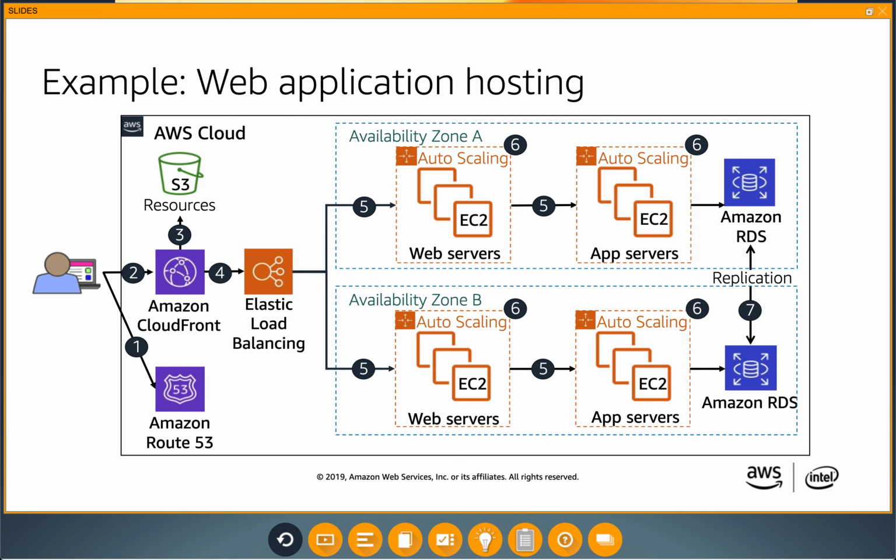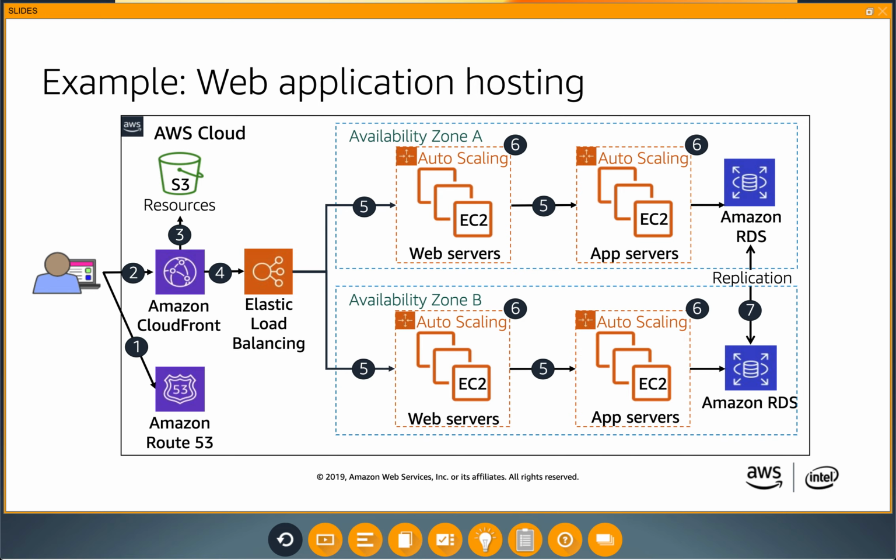Number 6. The EC2 instances are deployed in an EC2 auto-scaling group, which can intelligently scale out, add more EC2 instances, or scale in, remove EC2 instances, based on load coming into your web application. This is a way to give your application the compute it needs to service your requests under heavy load and then remove that compute to save on cost when the load goes down.